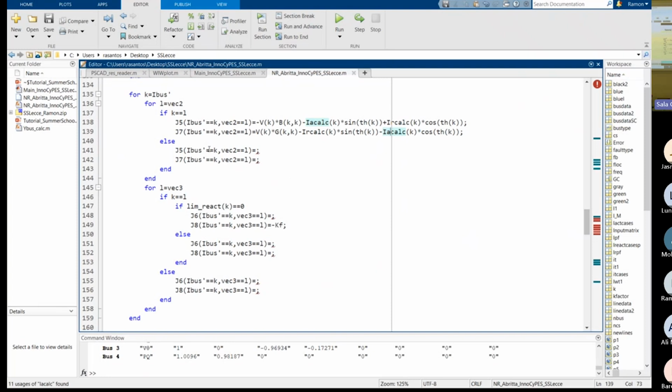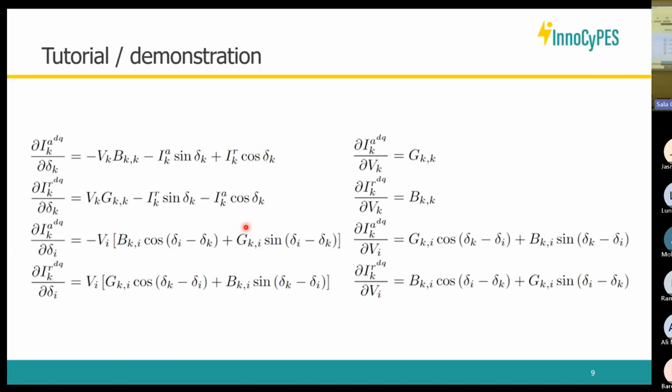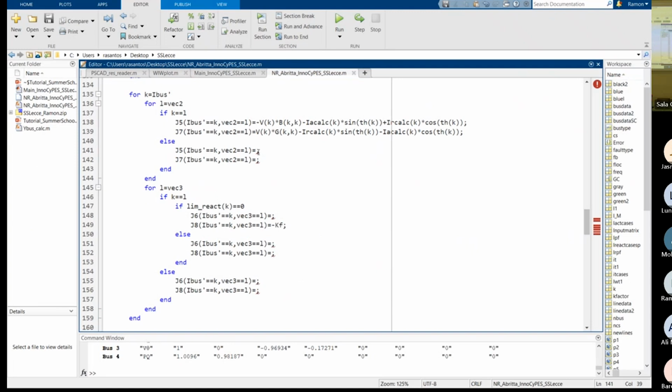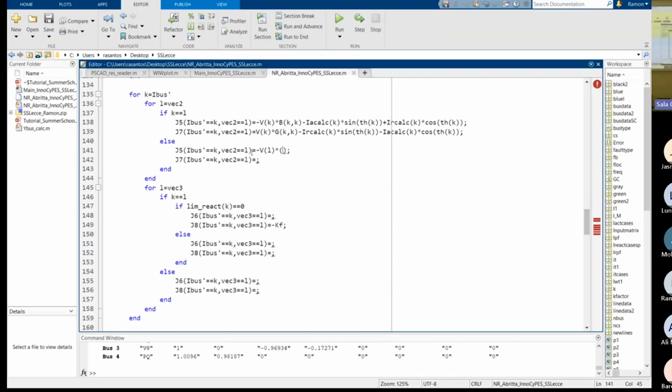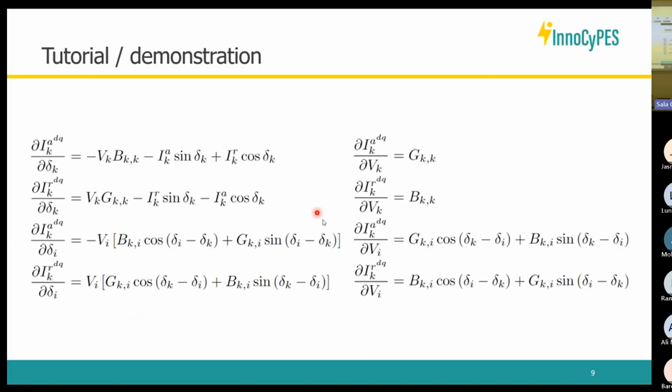And now down here, this one is the derivative of these equations with respect to the phases of other buses, not the same bus. So first one, you can see that there is a kind of mismatch in the nomenclature. Sorry for that, because here I'm using I, and here in the code there is this L. This L is doing the role of I in the slides. There are some other mismatches as well. Sorry for that.